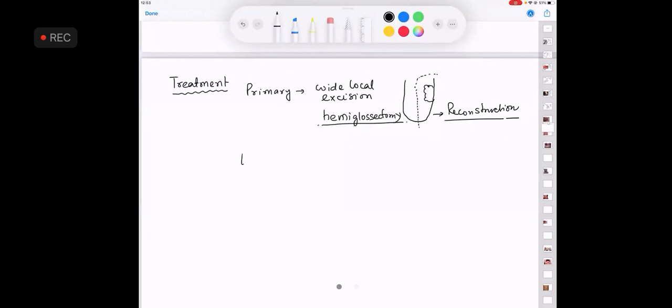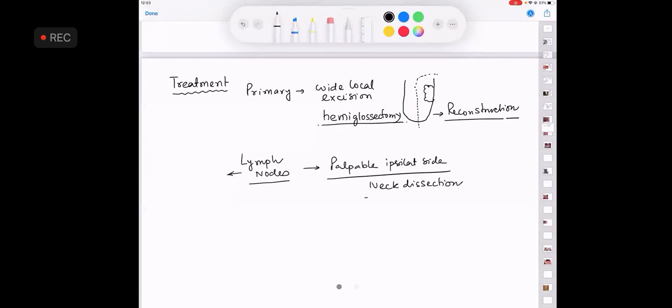When you talk about the lymph nodes, the thing is very simple. If you see the theory notes, if the lymph nodes are palpable on the ipsilateral side, please say that I would like to do a neck dissection, and then stay silent.